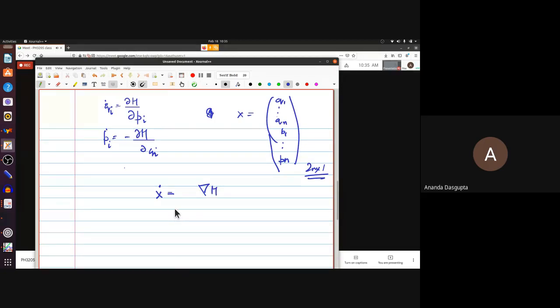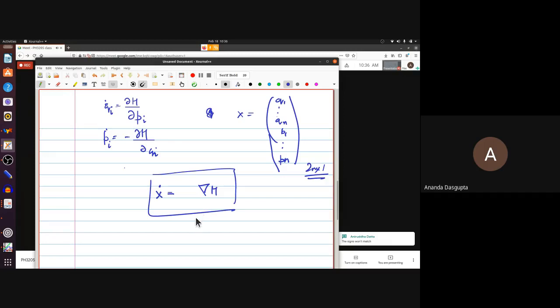That is, where grad, of course, is the gradient with respect to the Q's and P's, with respect to these X's. But can I write x dot equal to grad H? Well, it's not just that the signs won't match.